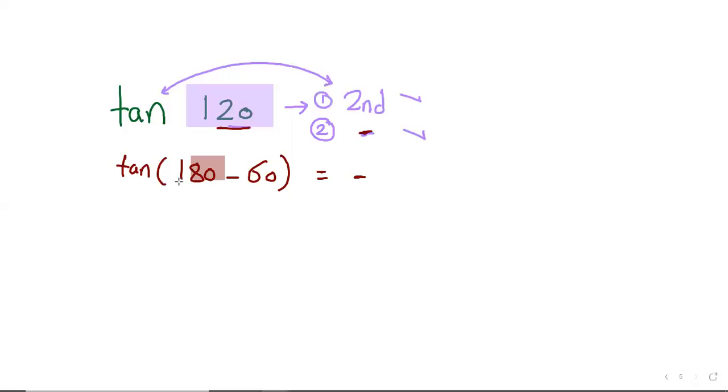Don't forget to express it as 180 plus or minus. So it will be negative tan 60. What is tan 60, Yusuf? Root 3. Negative root 3. Everyone, did you get it? Yes.